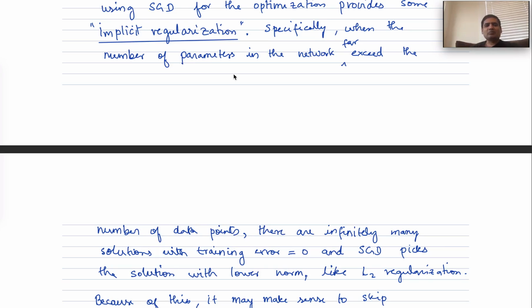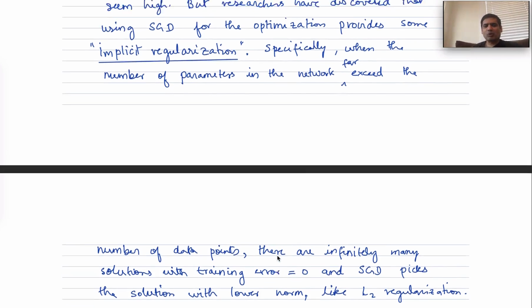Similarly, if the number of parameters in your neural network far exceeds the number of data points in some sense, then you can drive the training error to zero in principle. And typically, there are infinitely many solutions with training error equal to zero. There's going to be a space of solutions where the training error is equal to zero.